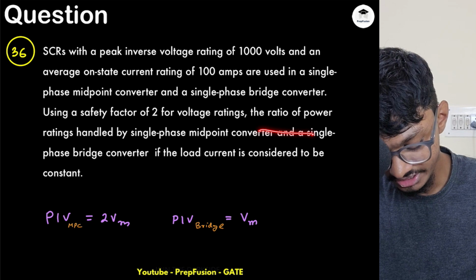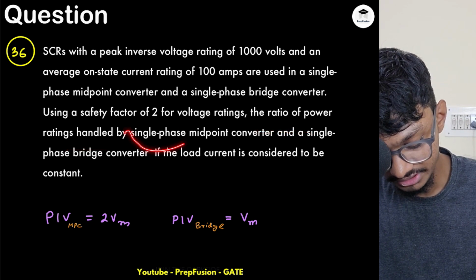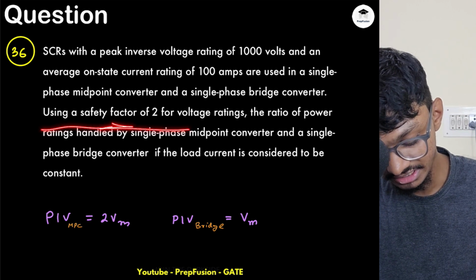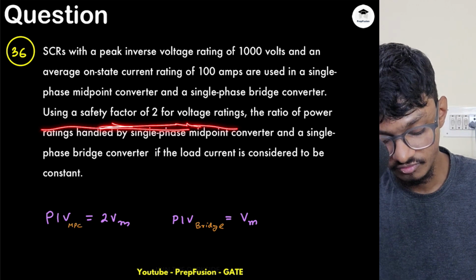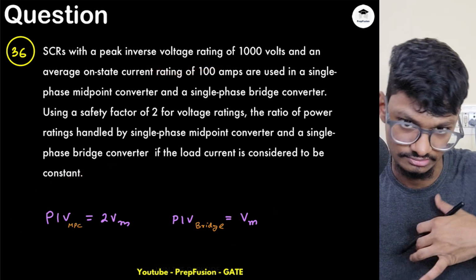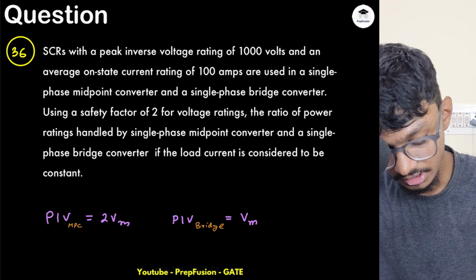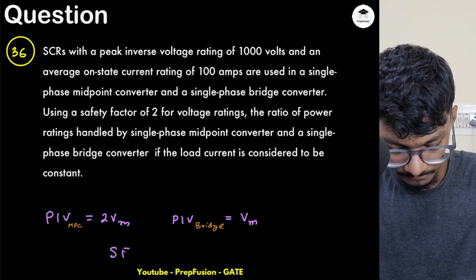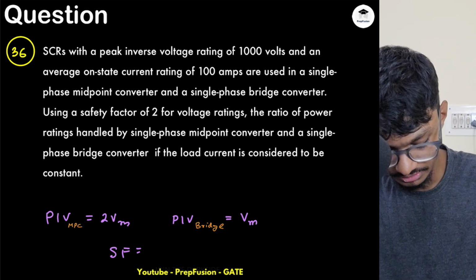What are they asking? The ratio of power ratings handled by the single phase midpoint converter and a single phase bridge converter, using a safety factor of 2 for voltage ratings. So the voltage rating has a safety factor of 2. The current rating will be the same because they can flow maximum this amount of current. Safety factor is 2 in this case.